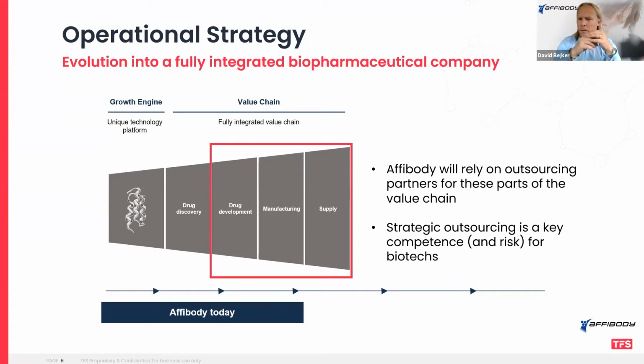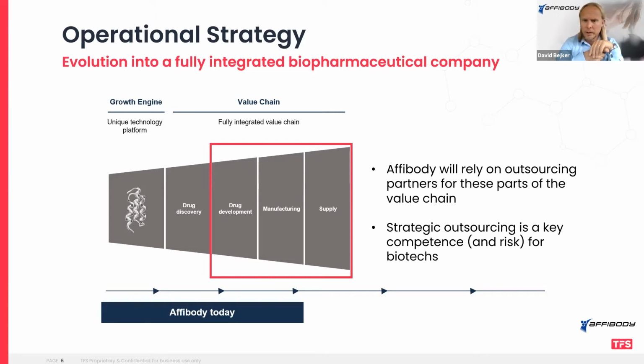But when we come to development, manufacturing, supply, and other areas, we do rely on partners a lot to capture these parts of the value chain. And I actually think that in this day and age, strategic outsourcing is a key competence. And I also put into brackets the key risks for biotechs. Because when we look at our risk matrix internally, dependency and loss of suppliers or clinical trial partners, that's a major risk that we're taking.